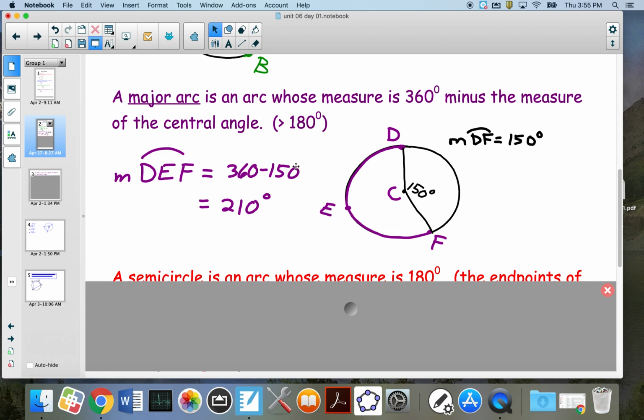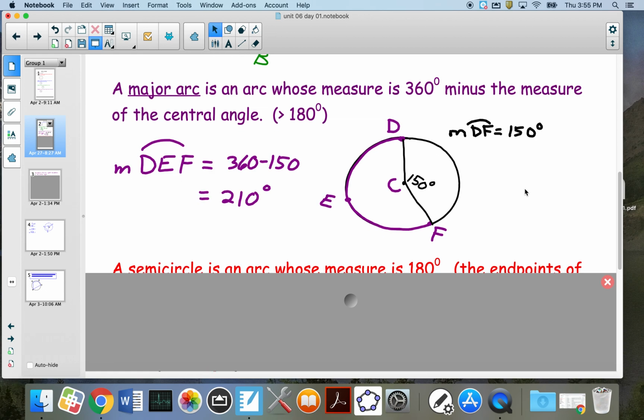Also notice the notation for a major arc: we have to use three letters. So we have D and F, it doesn't matter the order of those two, but there should be a letter in between them. Any point along that major arc we can use, so we need three letters. If you only see two letters, you know they're referring to the shorter distance around the circle.